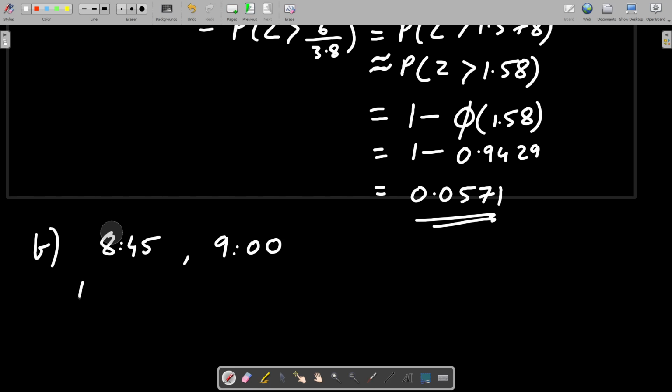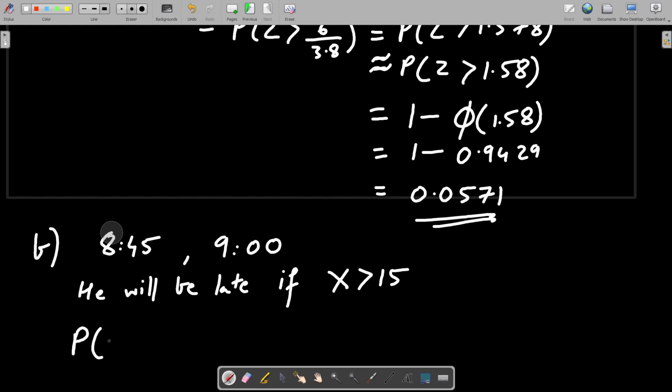So he will be late if it takes more than 15 minutes to travel. If x is greater than 15, he is going to be late to office. So now let us calculate the probability of x greater than 15.